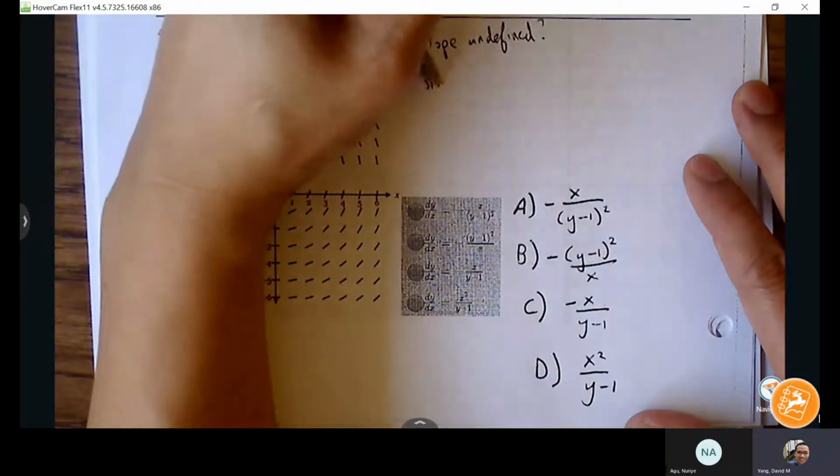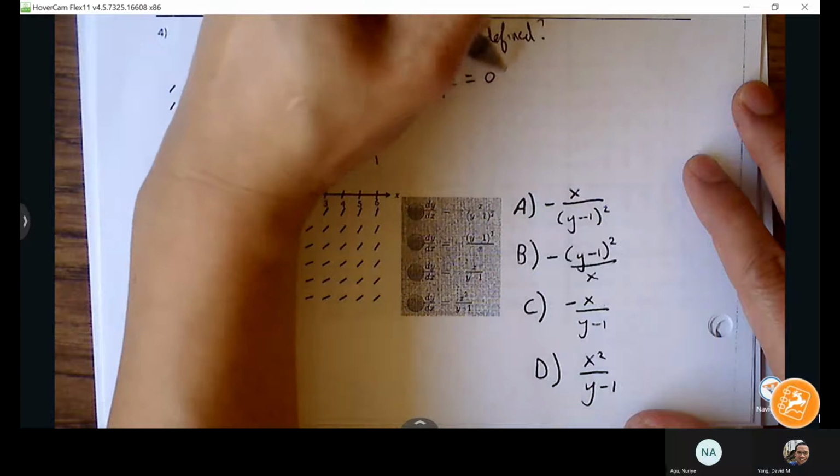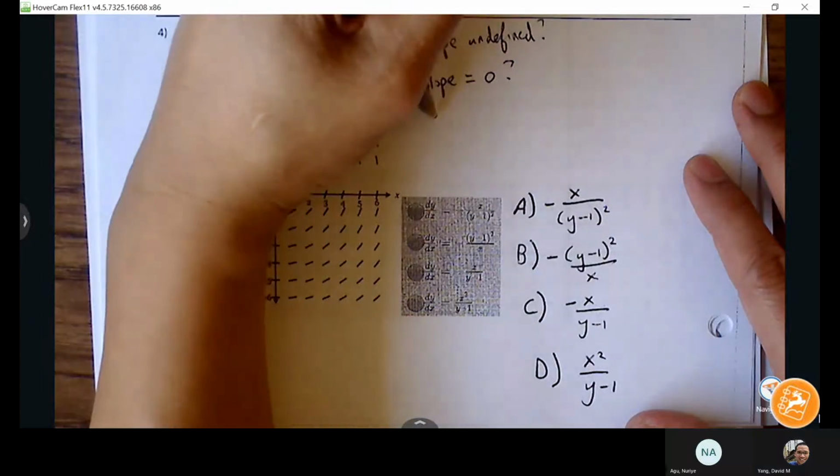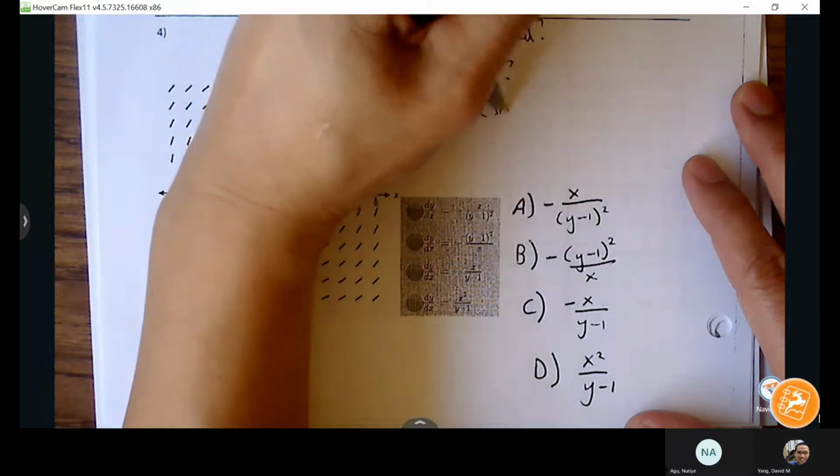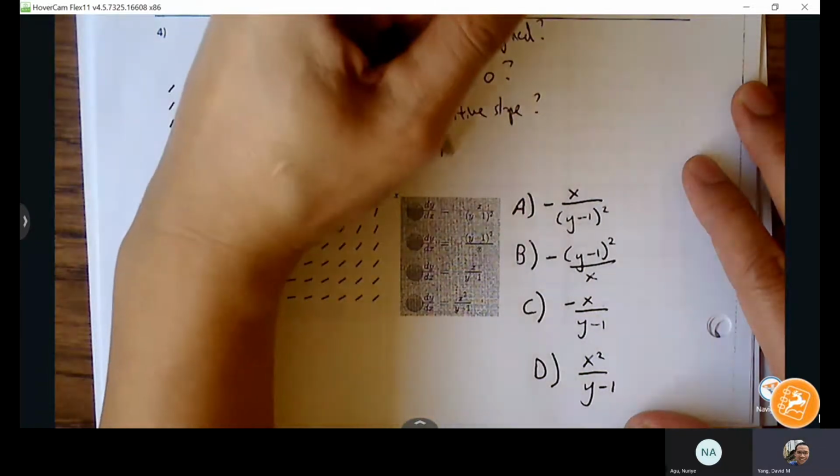Where do you see a collection of slope 0? Positive slope and negative slope.